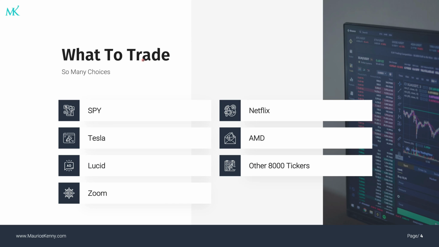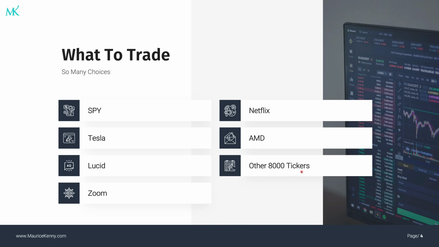So let's talk about what that really means from a trading perspective and a strategy perspective, and again, these two tricks that I'm talking about. The first piece right here: we need to identify what exactly we need to trade, because there are so many choices, right? You can say, hey, maybe I'm supposed to trade SPY. Maybe I'm supposed to trade Tesla, Lucid, Zoom, Netflix, AMD, or, last time I looked it up, there's literally over 8,000 other tickers that you can actually trade.